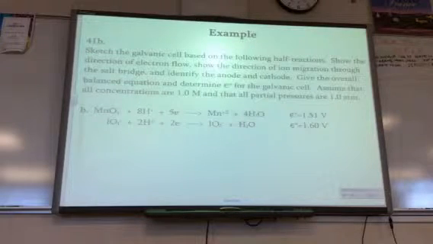So you flip the one to get positive, or you flip a specific reaction? So you flip it in order to get positive. You don't flip. So apparently it doesn't matter if it's the oxidation or reduction. You just want the voltage to be positive.